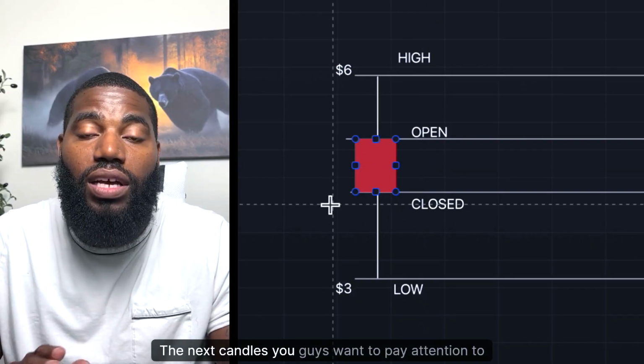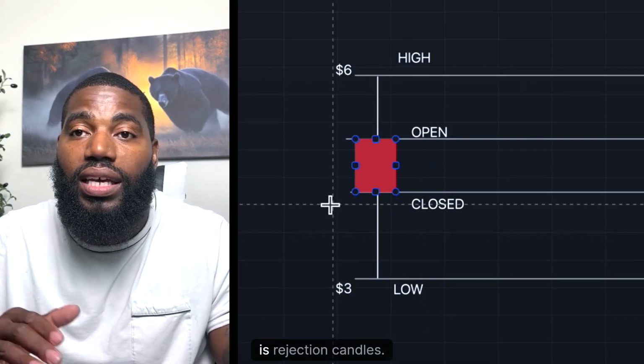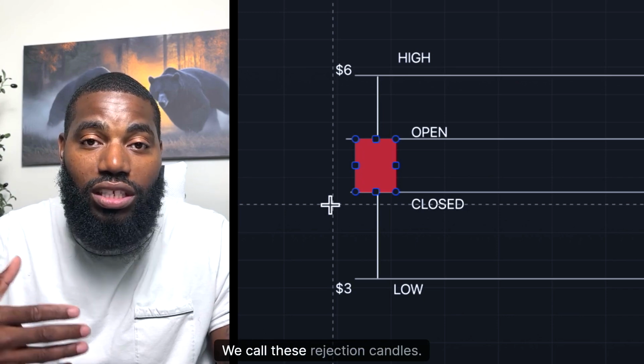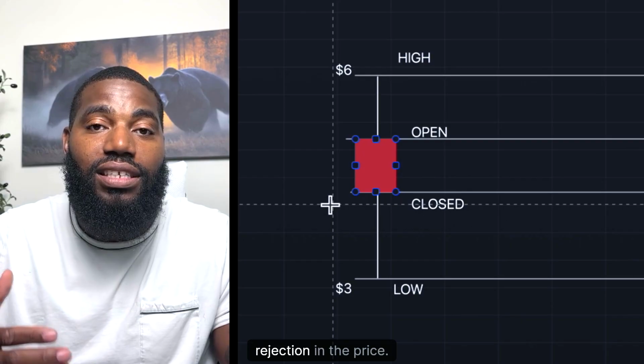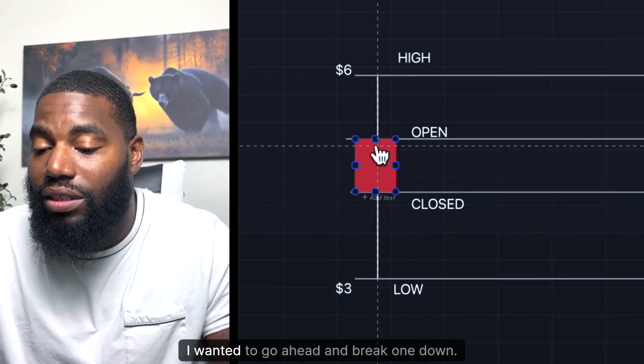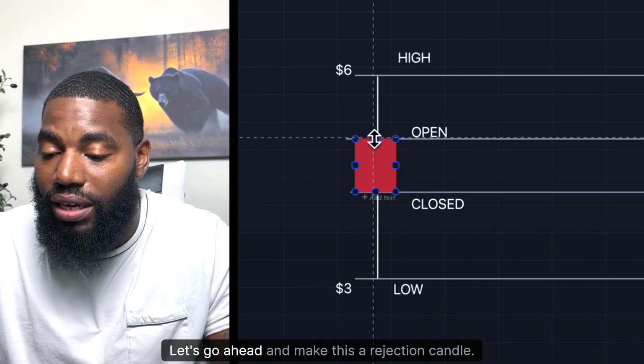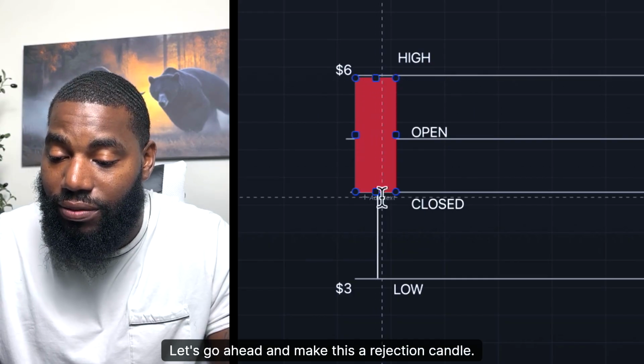The next candles you guys want to pay attention to are rejection candles. We call these rejection candles. It shows you rejection in the price. All right. I want to go ahead and break one down. Let's go ahead and make this a rejection candle.